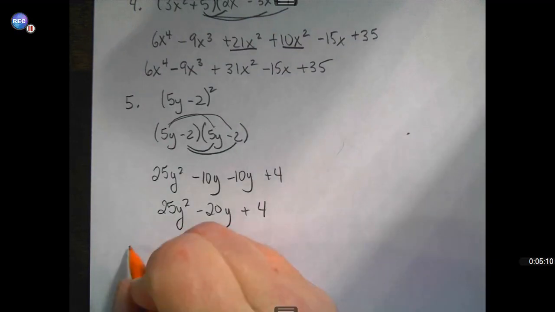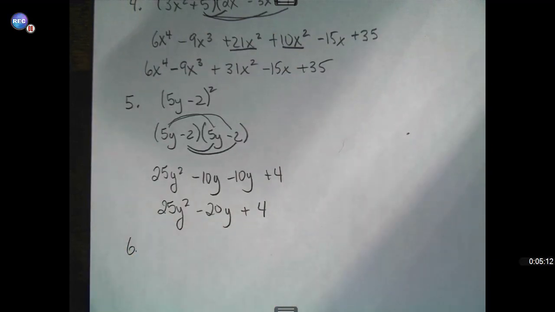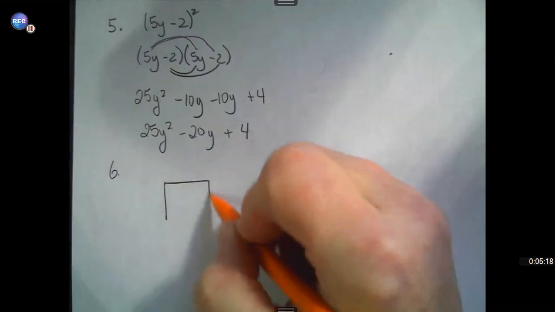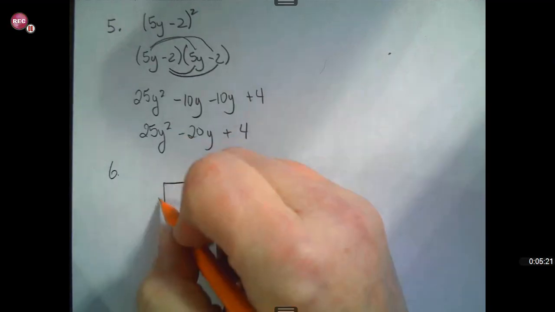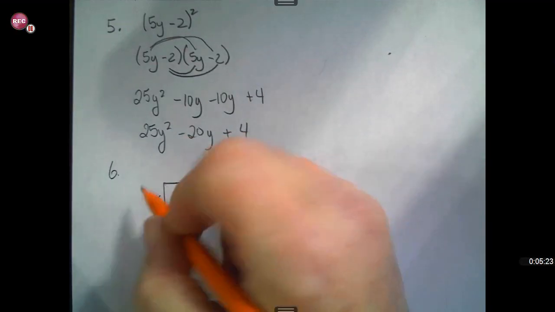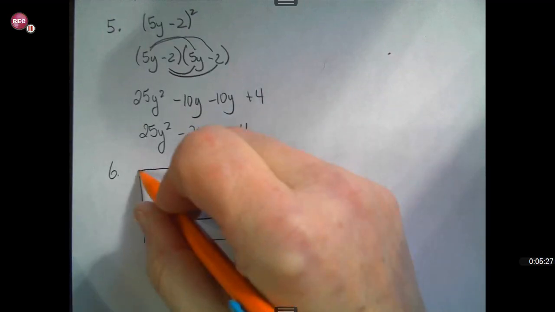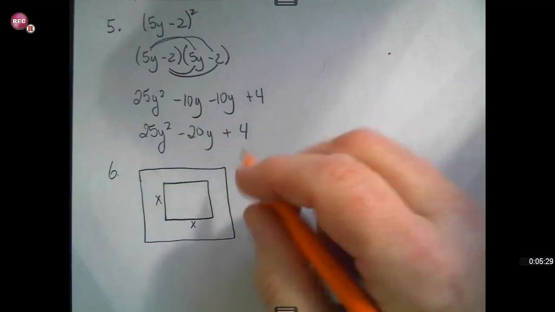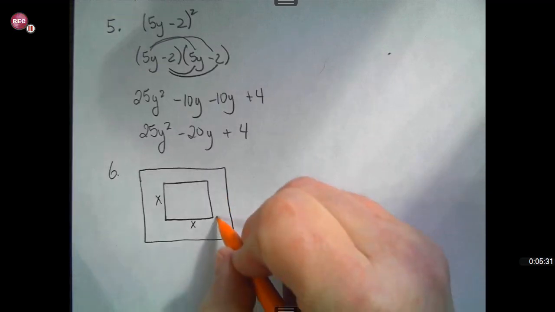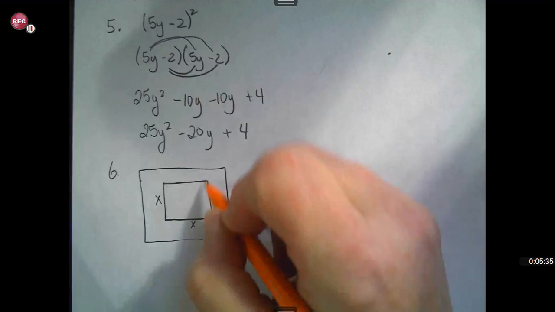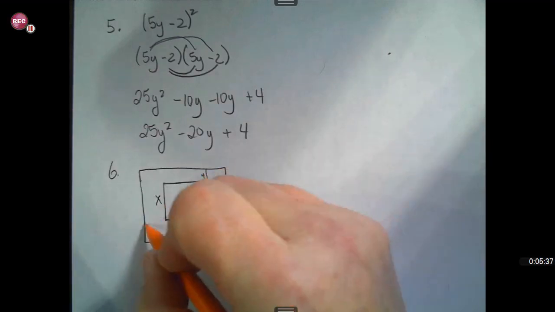Number 6. A square picture has a 4 centimeter frame around it. So the picture's a square, so it's x times x, and it has a 4 centimeter frame around it, which means that this is 4, and this is 4, and this is 4, and this is 4.